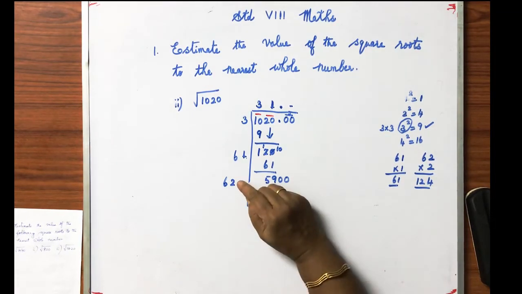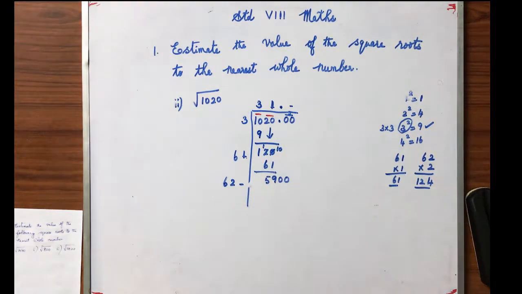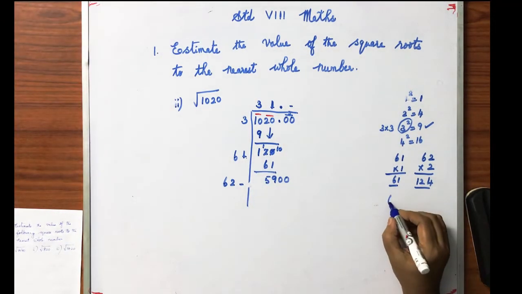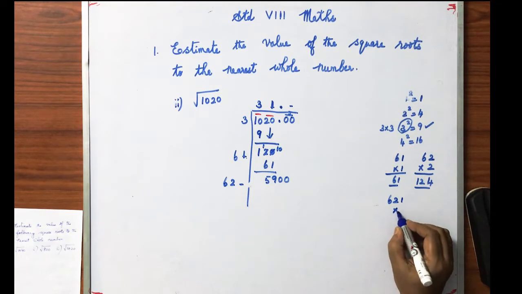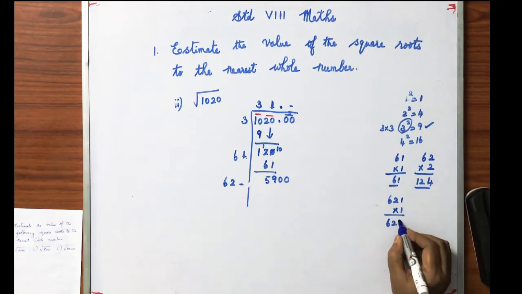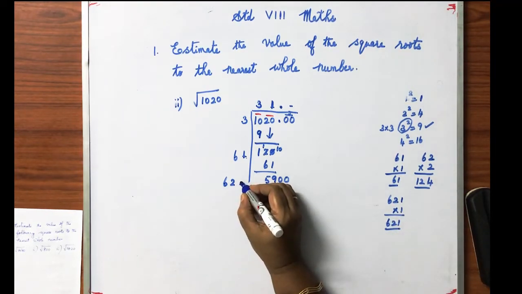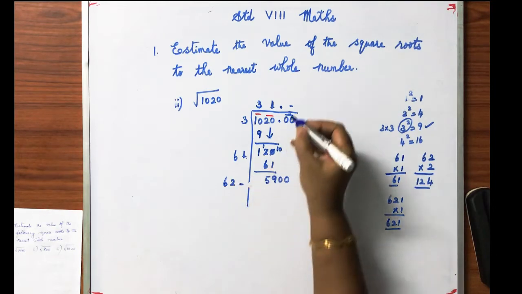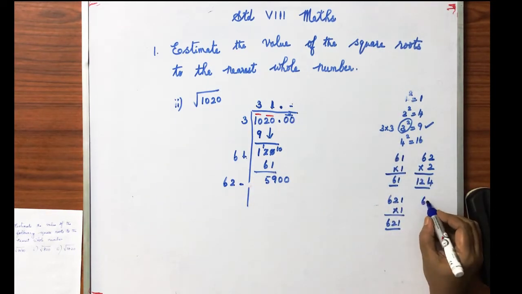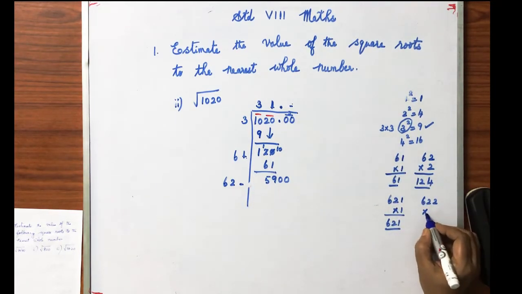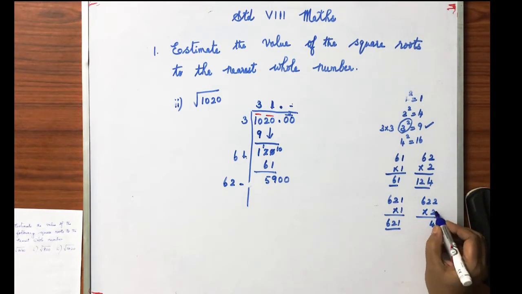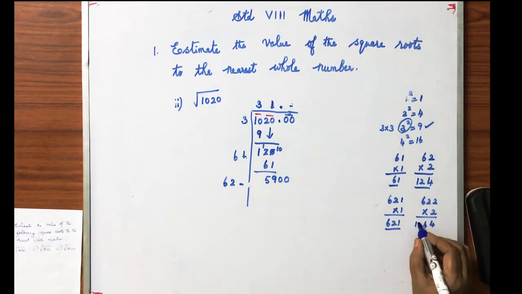We have to start with 1 and here 1. So 621 into 1 is 621. Next we have to try with 2 here. If you write 2 on the top also 2. So 622 into 2, 2 2s are 4, 2 2s are 4, 6 2s are 12.